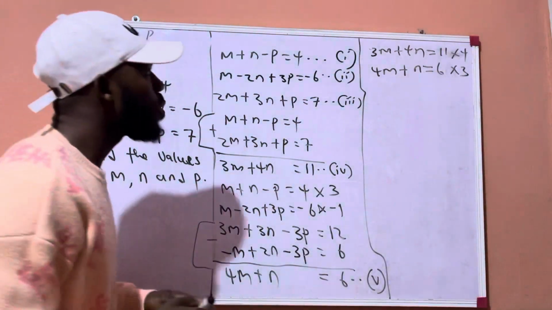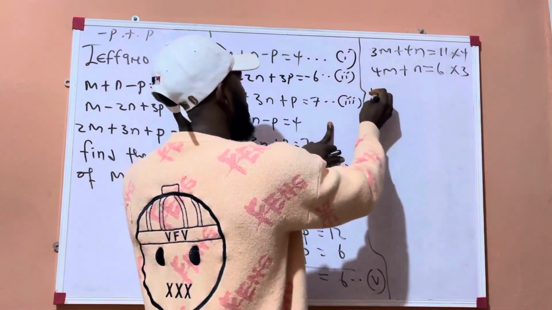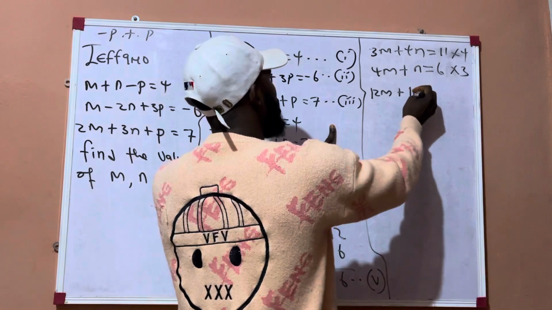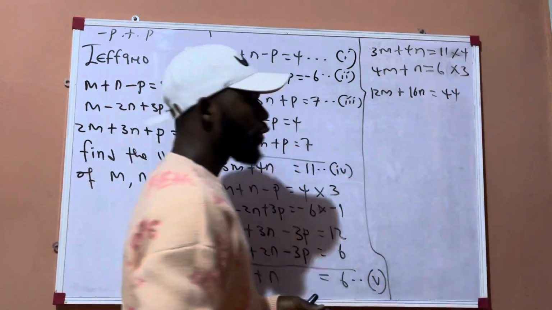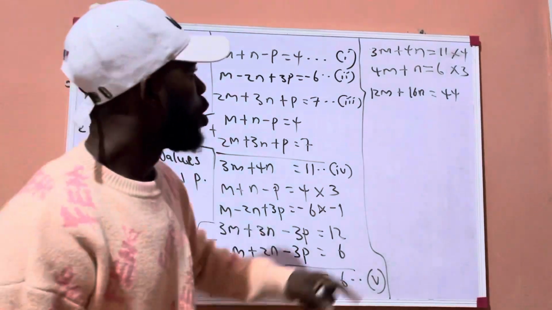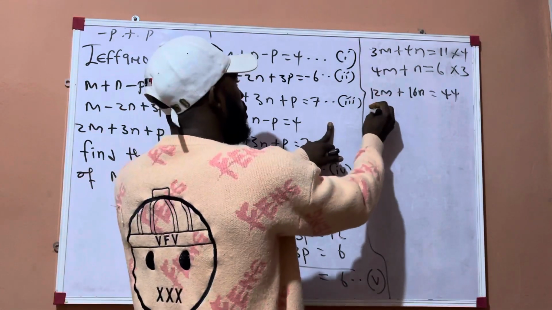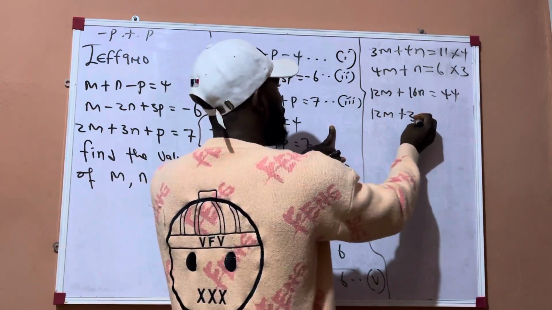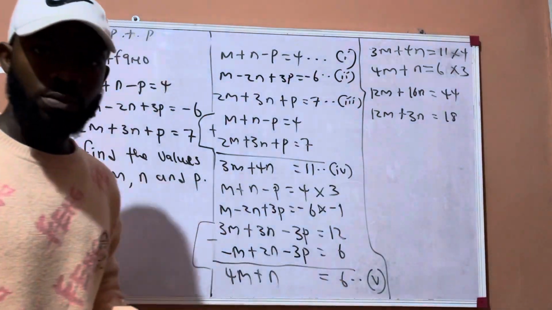Now, multiplying this, we have this now. 4 times 3m will give us 12m plus 4 times 4n will give us 16n equal to 4 times 11 will give us 44. Now, using 3 to multiply all through, we have this. 3 times 4m will also give us 12m plus 3 times n will give us 3n equal to 3 times 6 will give us 18.